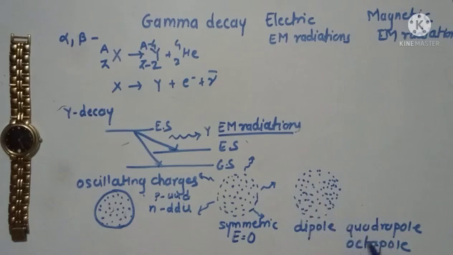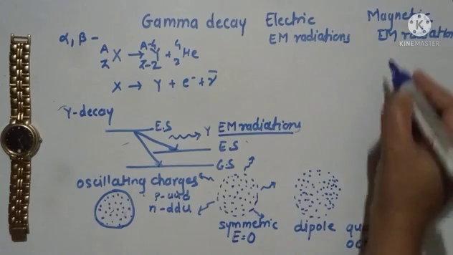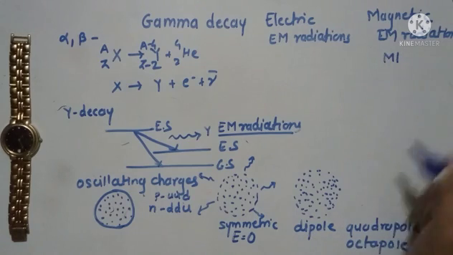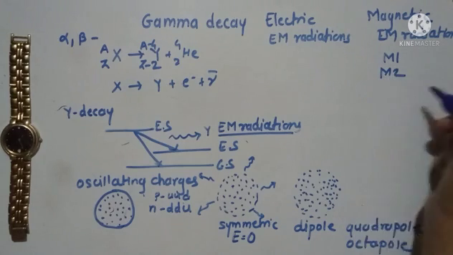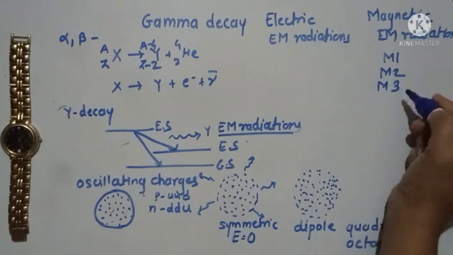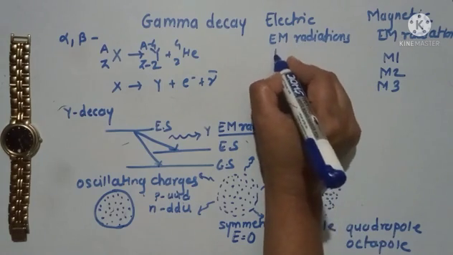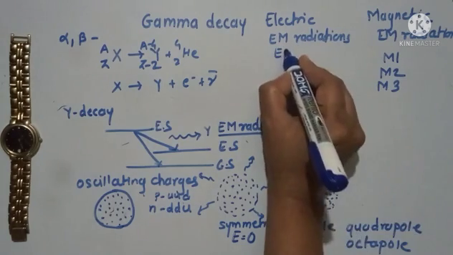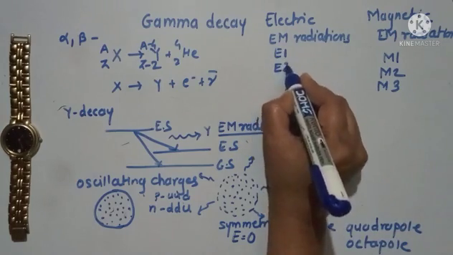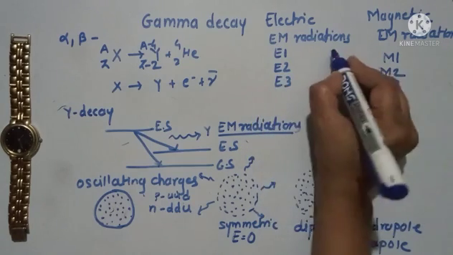When the dipole, quadrupole or octupole charge distributions oscillate, or form current loops, a magnetic field is associated with them. The magnetic radiation associated with the dipole moment is called M1, with the quadrupole it is called M2, and with the octupole it is called M3. Electric radiations related to the dipole moment are called E1, with the quadrupole E2, and E3 and so on.